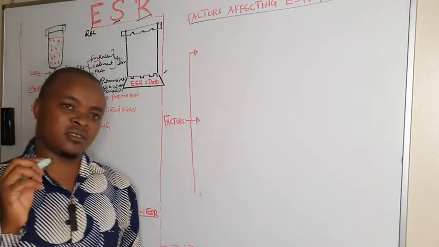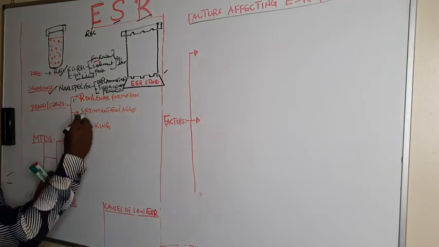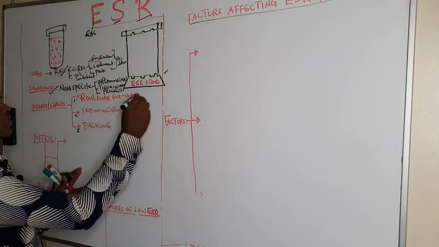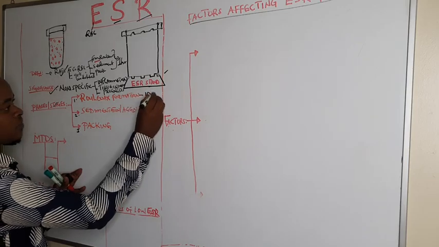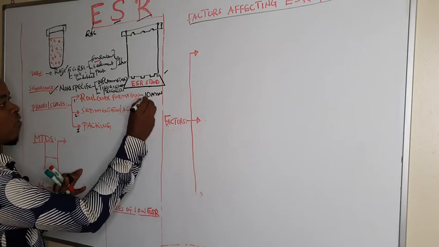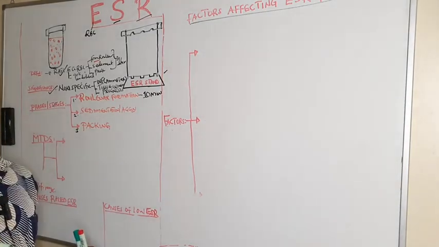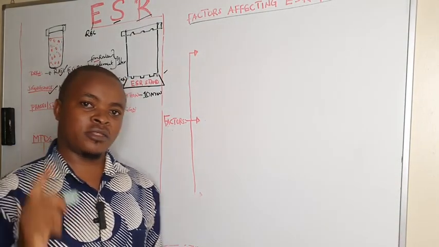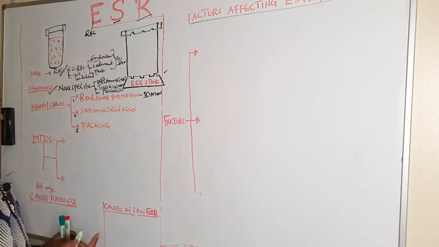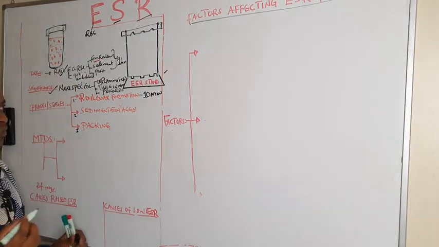The first stage, which we are calling rouleaux formation, takes specifically 10 minutes. As we said, we are timing for 1 hour. So the first 10 minutes is to allow rouleaux formation. And what is rouleaux formation?